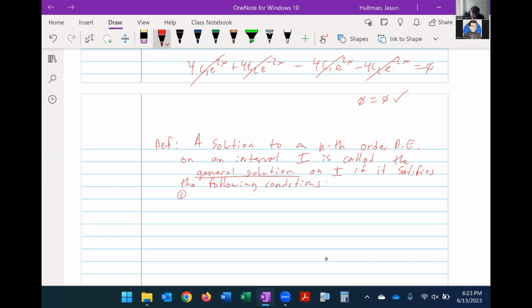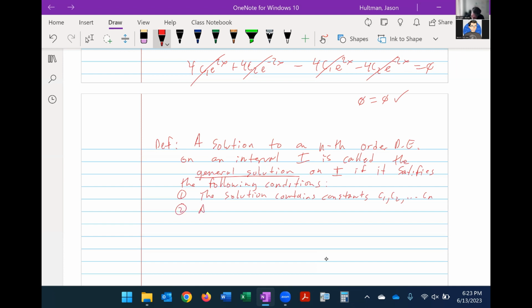One, the solution contains constants C1, C2, all the way to Cn.